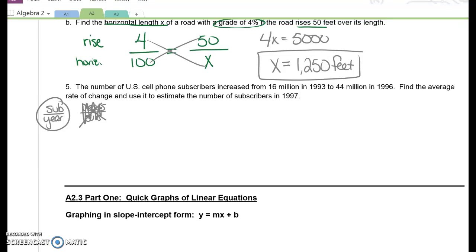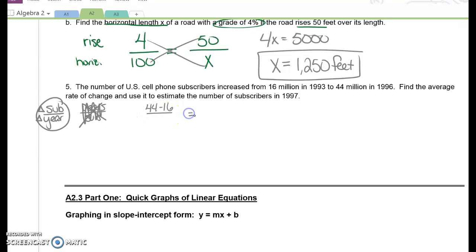So if you take a moment and think about that, that's going to help us set up our rate of change. Have you used the little triangle delta to indicate change? So we want the change, delta, the change in the number of subscribers over the change in the number of years. That will tell us the rate of change. So change in subscribers from 16 million to 44 million. You do 44 minus 16.